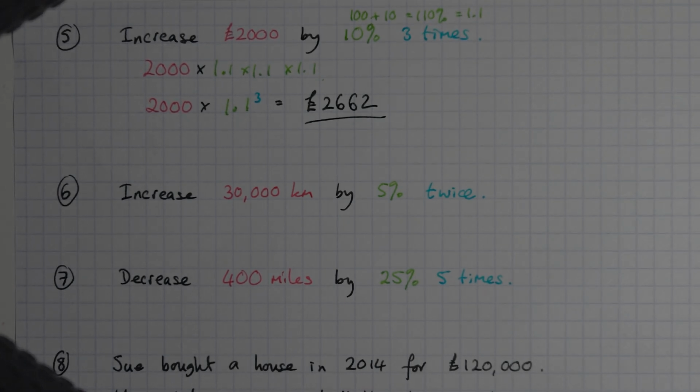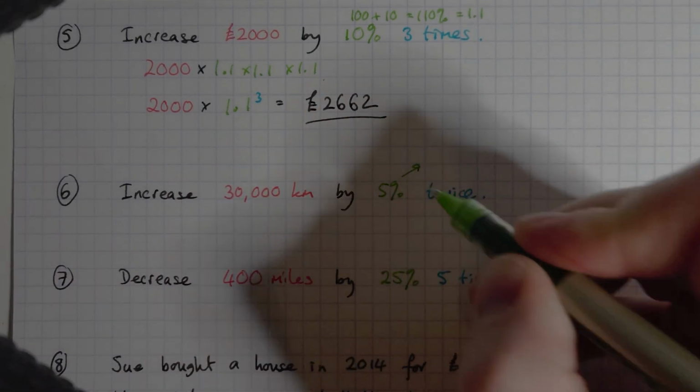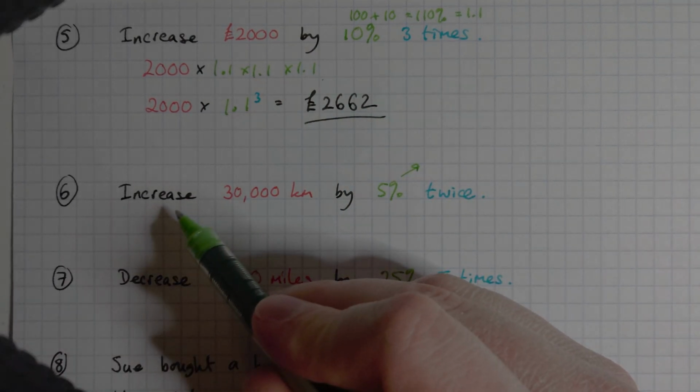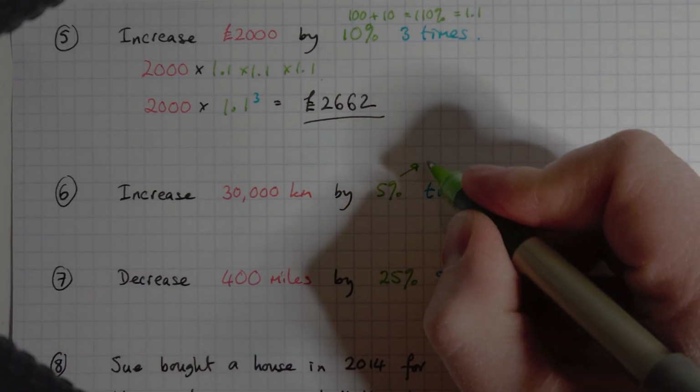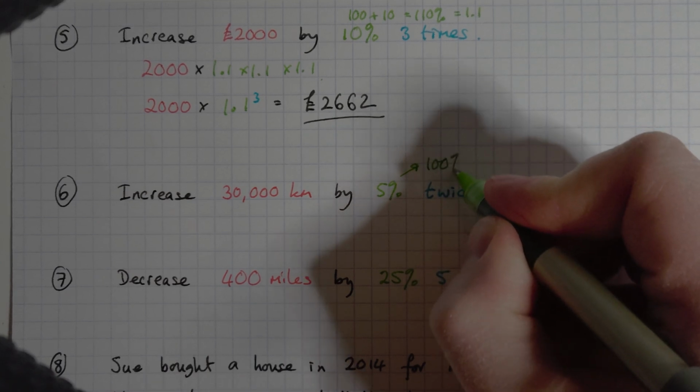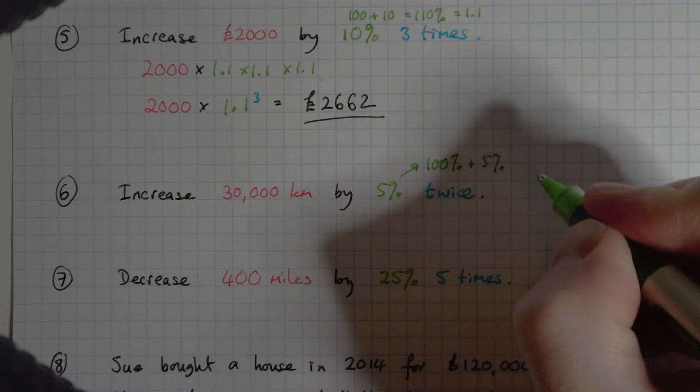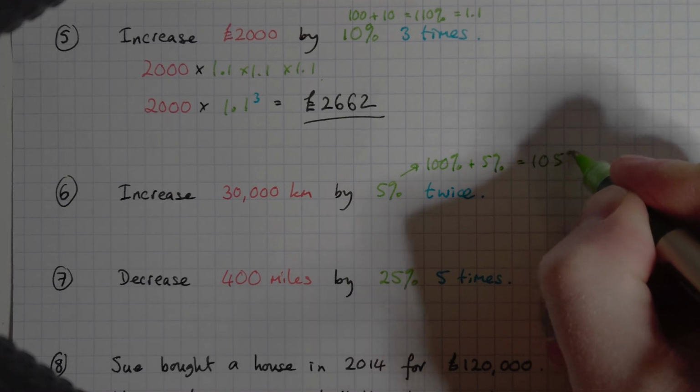Suppose I wish to increase 30,000 kilometers by 5% twice. Well, I'll start with considering this. It's an increase question, so this is the 100% that I start with, and I want to have more than 100% at the end. So it's 100%, add another 5%, that's 105%.